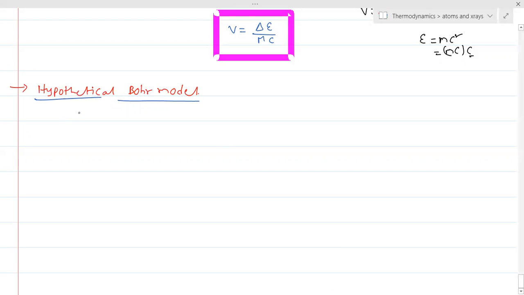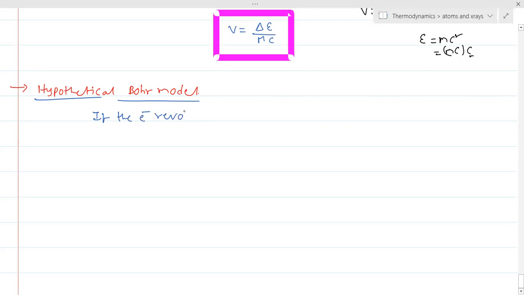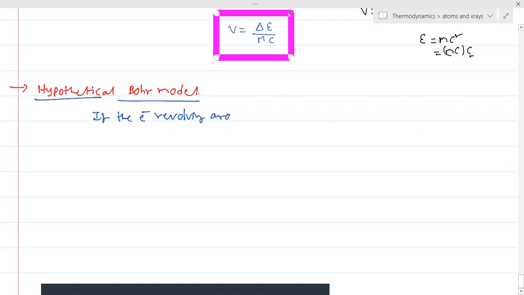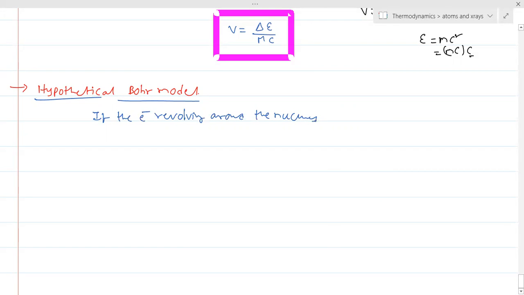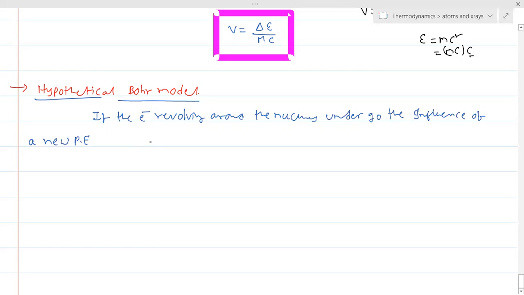Suppose instead of that, the electron revolving around the nucleus undergoes the influence of a new potential energy, which is not directly proportional to 1 by r.